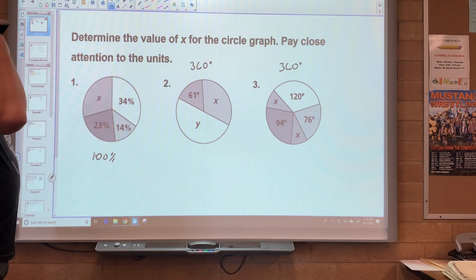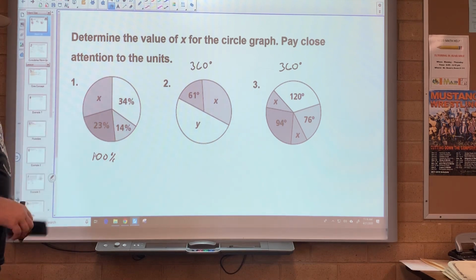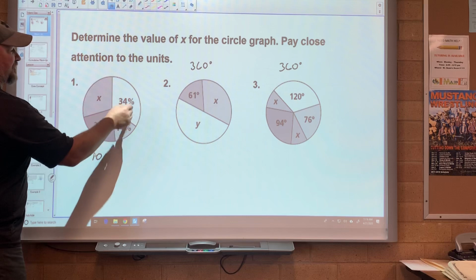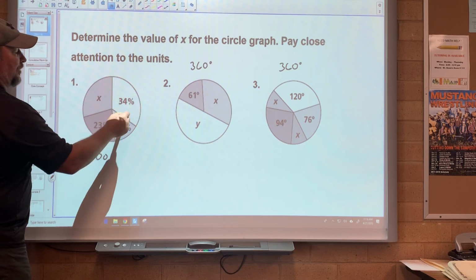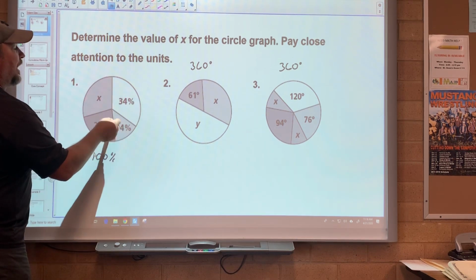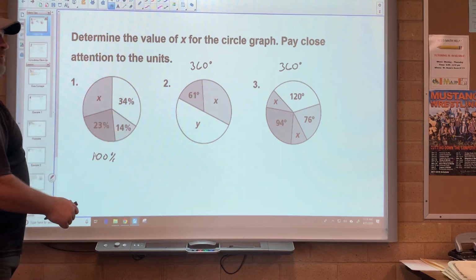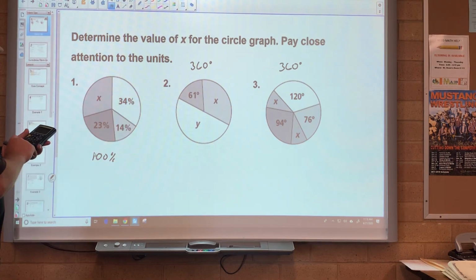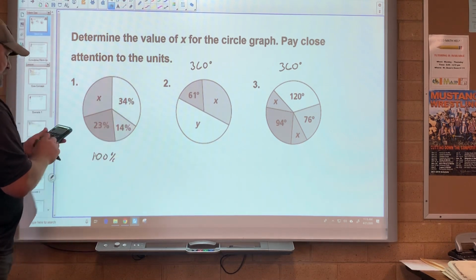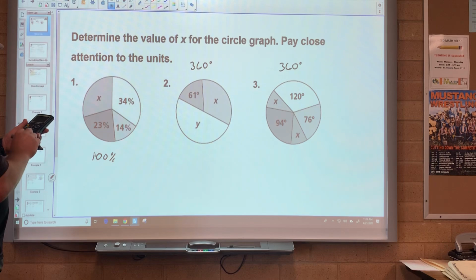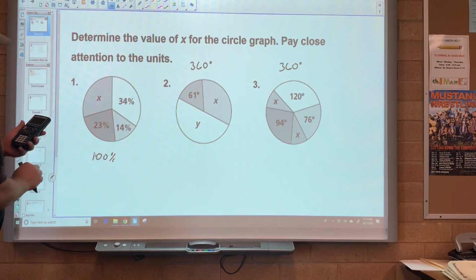All right, let's just do this one first. If I have these degrees or percentages already, I want to find the missing amount. The four of them have to add up to 100, so I'm going to take 100 and start subtracting: minus 34, minus 23, and minus 14.